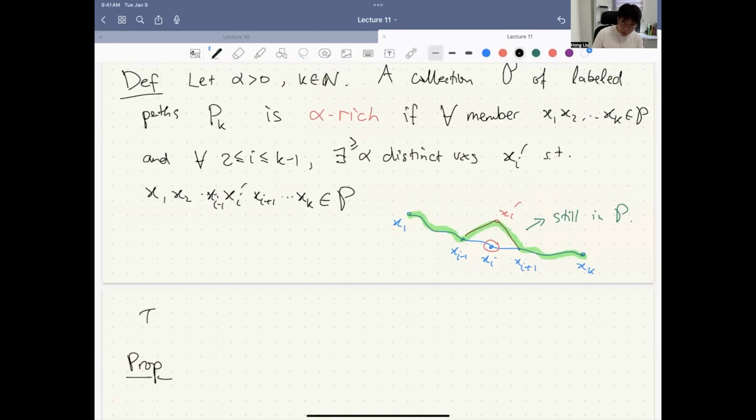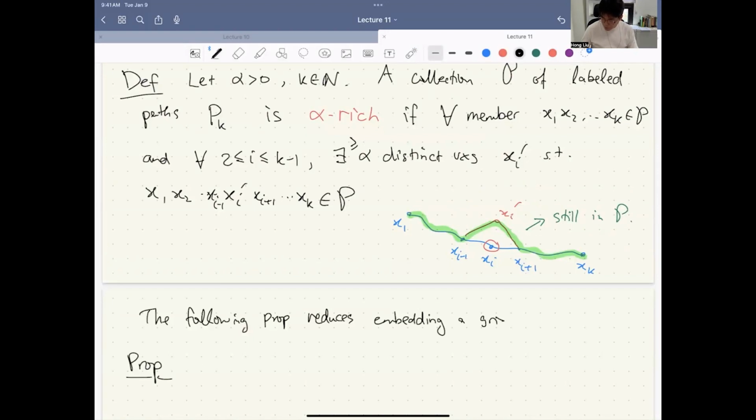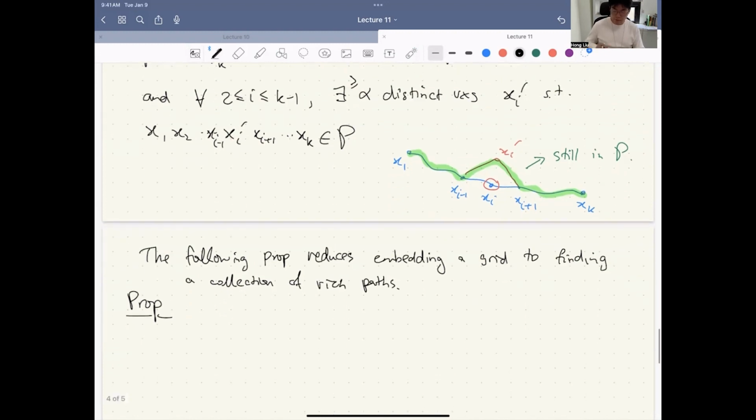The following proposition reduces embedding a grid to finding a rich collection of paths.